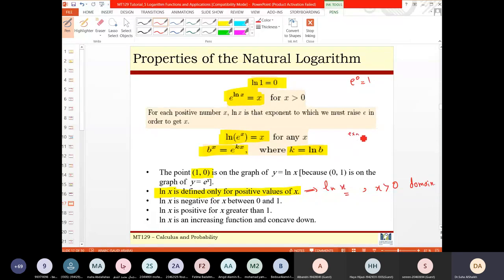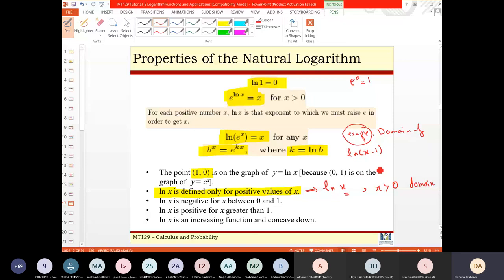Now, for example, if I ask you to find the domain of the function, let me make it simple: ln of x minus 1. The domain is where I can define my function, so it is for positive values of x minus 1.